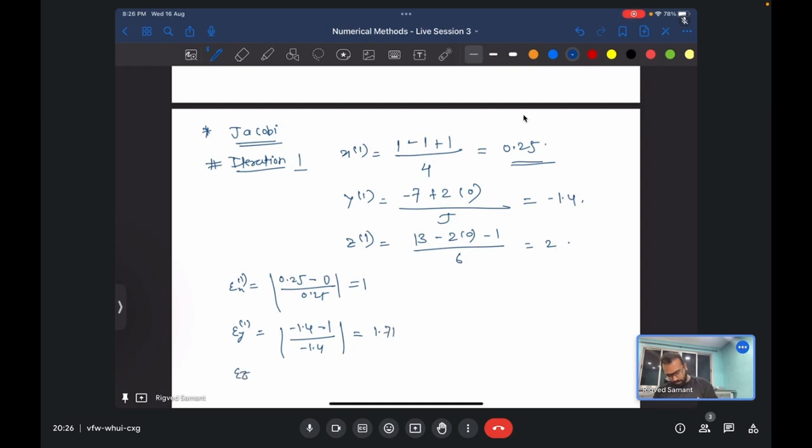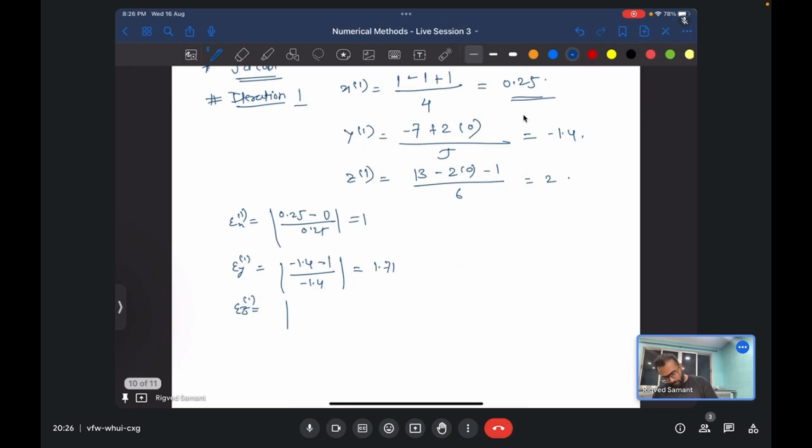Epsilon z would be 2 minus 1 divided by 2, that is 0.5.